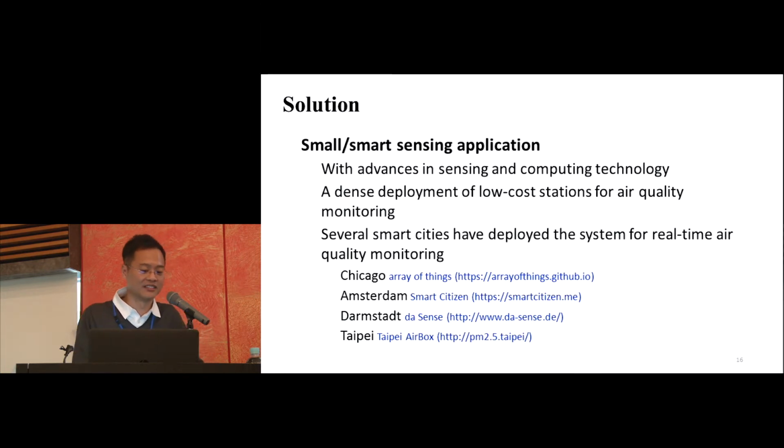Several smart cities have deployed systems for real-time air quality monitoring, like Chicago, which has a project named Array of Things. In Amsterdam, Europe, they have a smart city project. In Darmstadt, Germany, a technology city, they have the DASense project.